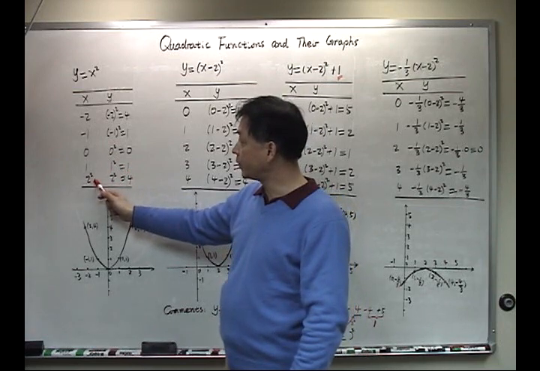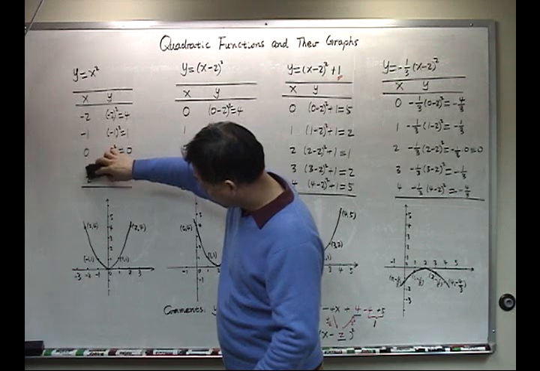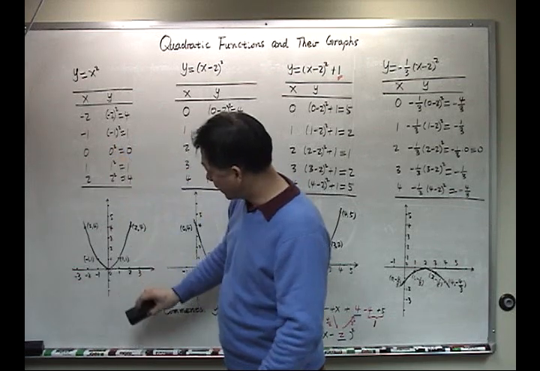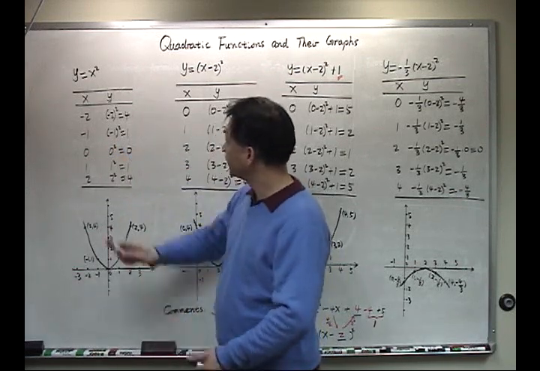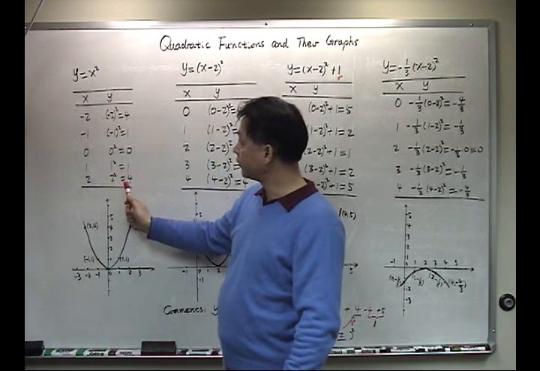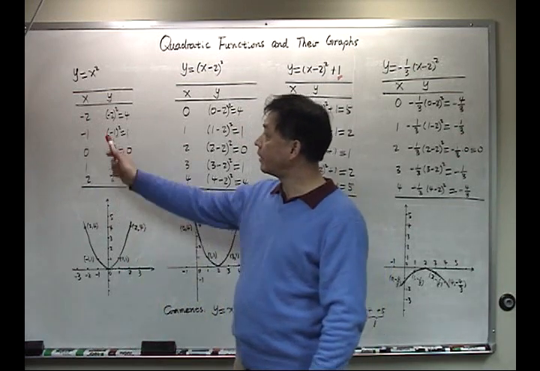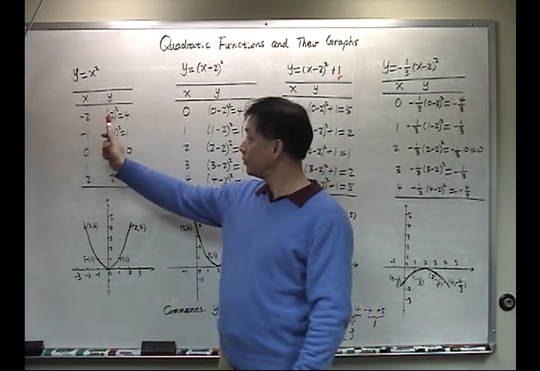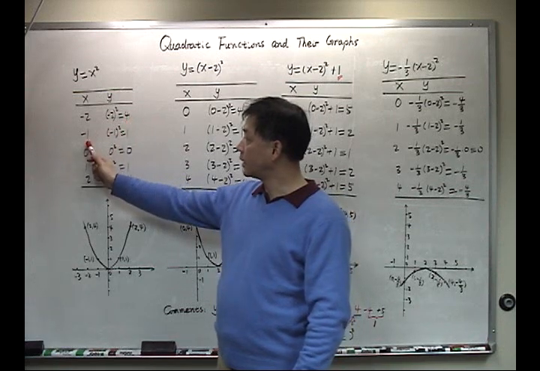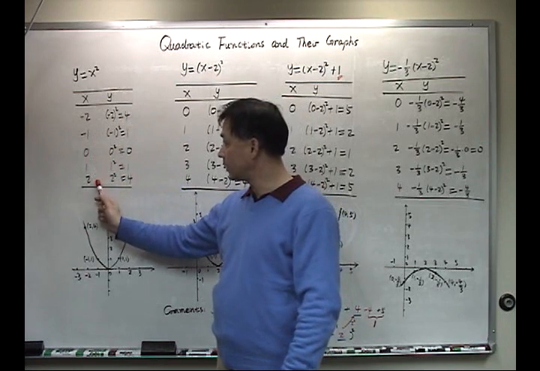Plug in 2 here, 2 squared is 4. 2 times 2 is 4. So then we have 5 points: negative 2, 4; negative 1, 1; 0, 0; 1, 1; 2, 4.